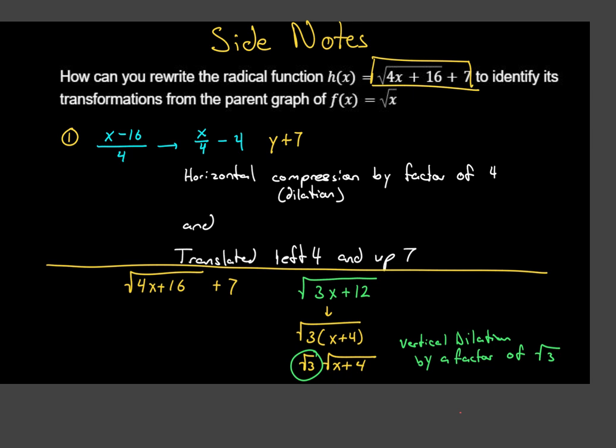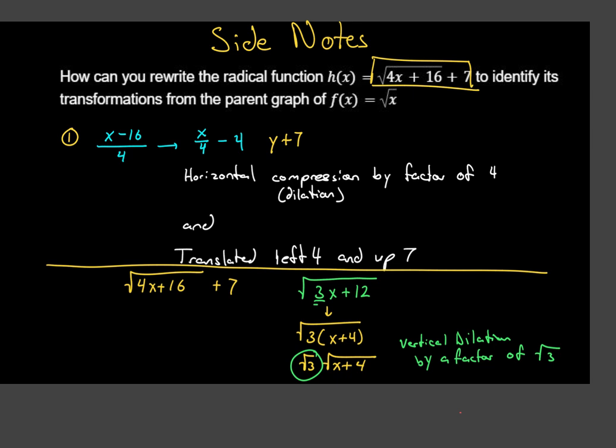So regardless of what number sits here with x, we can still rewrite it as a vertical dilation rather than a horizontal dilation, which is much more customary to do.